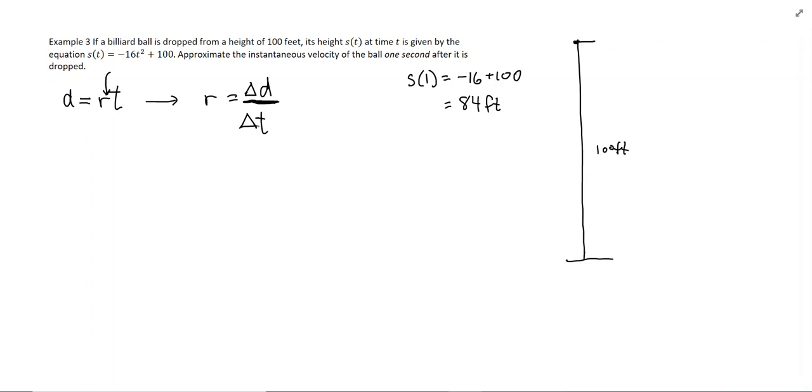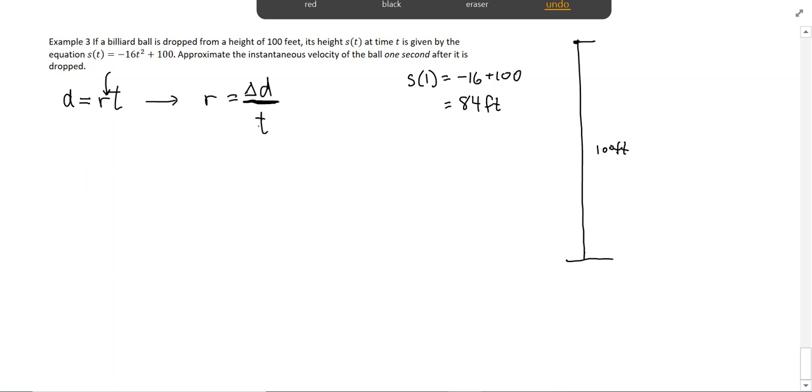This is not necessary, but maybe it's helpful to think about these as changes in the distance. How far did the ball travel divided by how long did it take to cover that distance? Okay, we don't have a distance traveled if we're talking about just a single instant in time.